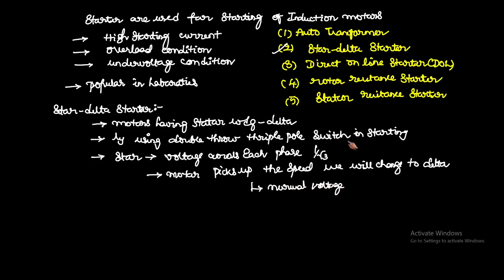Because in starting the voltage is reduced by 1 by root 3, the starting current will be reduced for the starting of the induction motor. The current comes down to about 1/3 of its value, so it is a very cheap method.